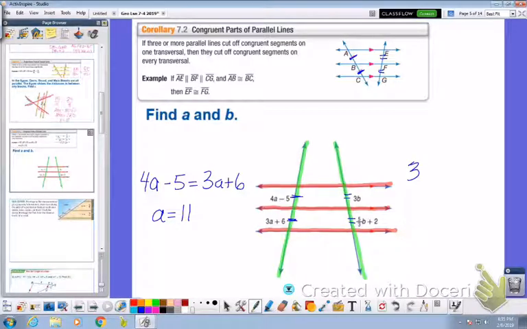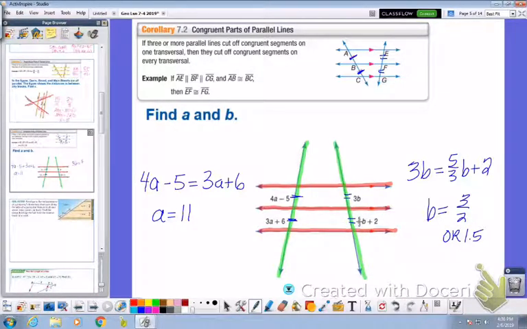So I would take 3b, set it equal to 5/3 b plus 2 and solve it. When you solve it, b was equal to 3/2 or 1.5. Okay?